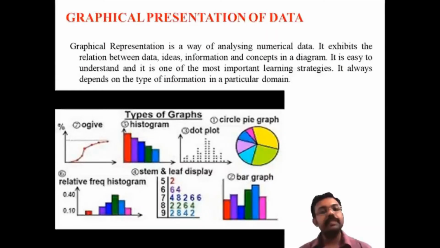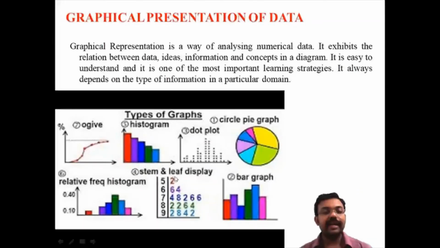It always depends upon the types of information. That is the diagrammatic representation of your data. If we just look at this diagram, we can see a lot of graphs like charts, the histogram, the dot plot, the circle graph, and the relative frequency histograms.